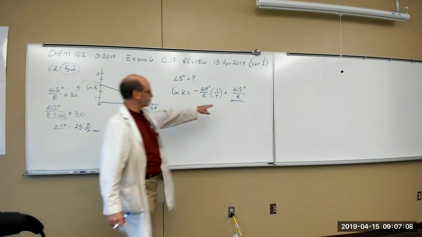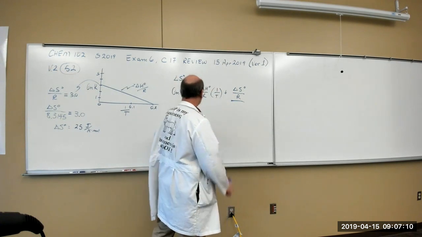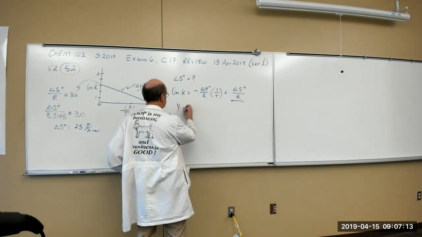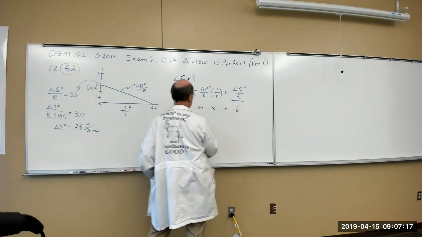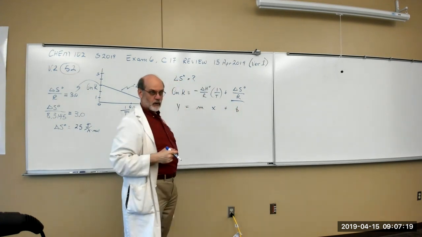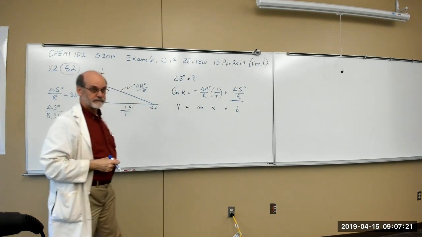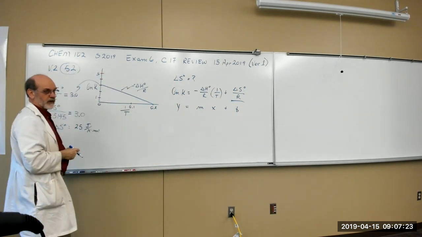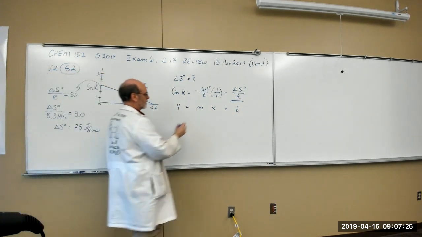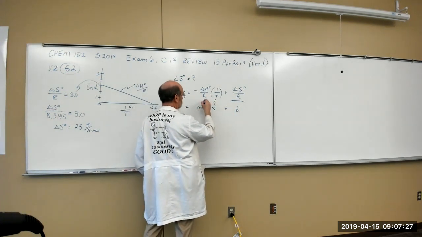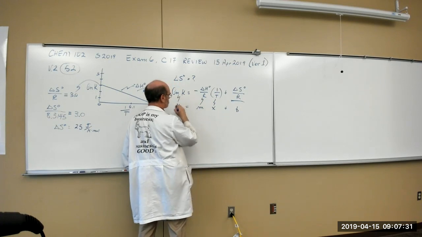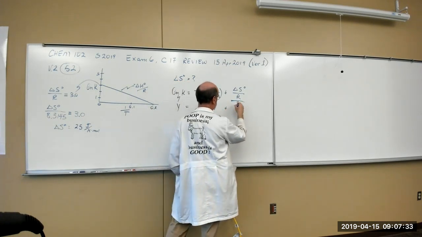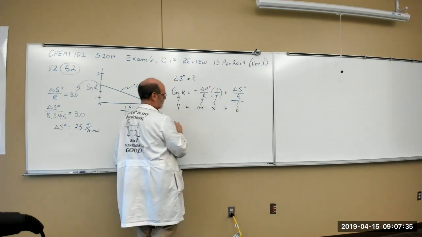This one, the way the equation is written, this is y, this is mx, and this is b. And b is always the y-intercept. Straight line. That one, that one, that one, this one. Oh my goodness.